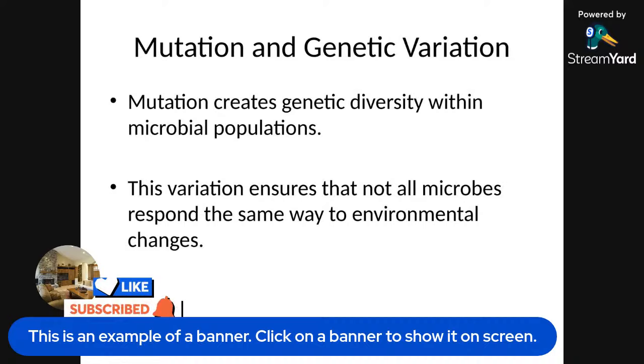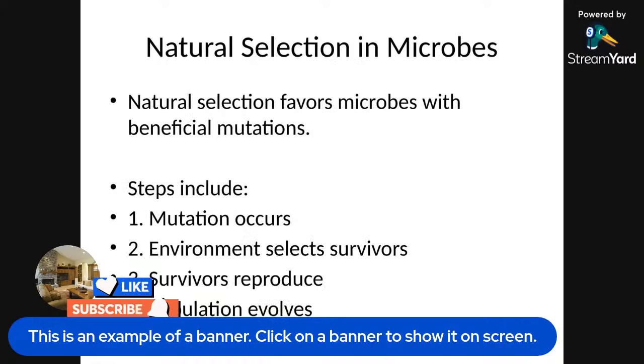It's going to be different. There are some that, immediately you introduce antibiotics to that environment, will just die, but there are some that will survive. They survive because they have been able to alter their genetic makeup.